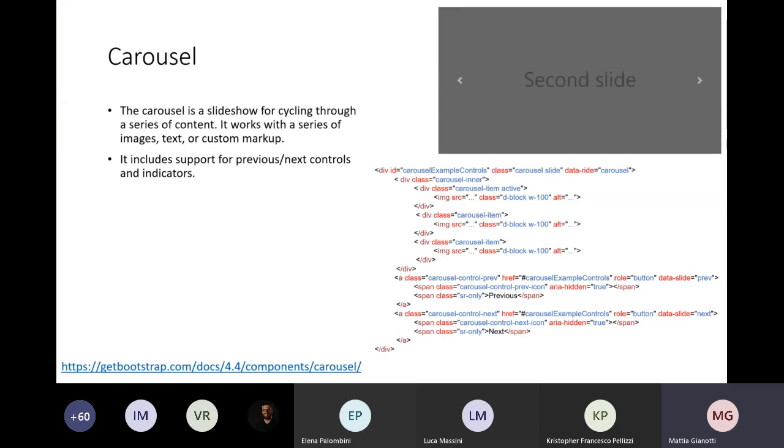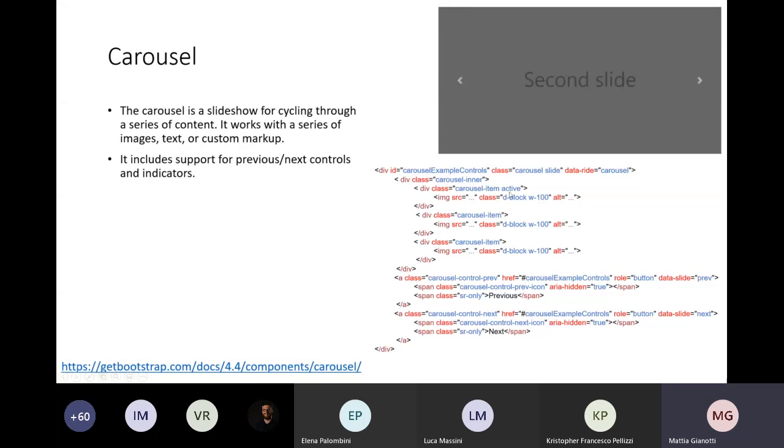And you can see from the example code that I provided here that it is composed of a carousel-inner class in which you have the definition of whatever elements are going to turn around inside the carousel.